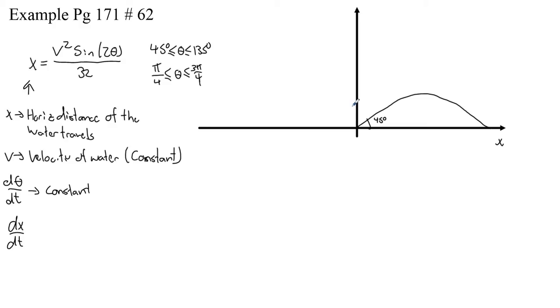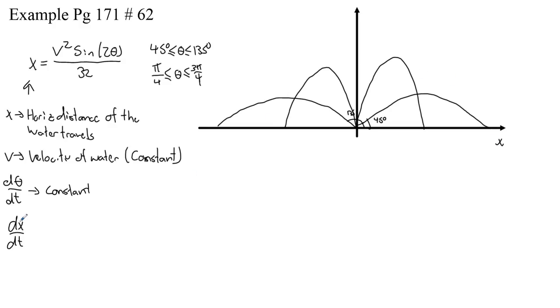As it goes to 135 degrees, which would be right here, it's going to change in between. So we're going to have some intermediate versions, and this is the diagram that the book gives. It's going to go all the way from 45 degrees to 135 degrees, and then go back and forth and back and forth.